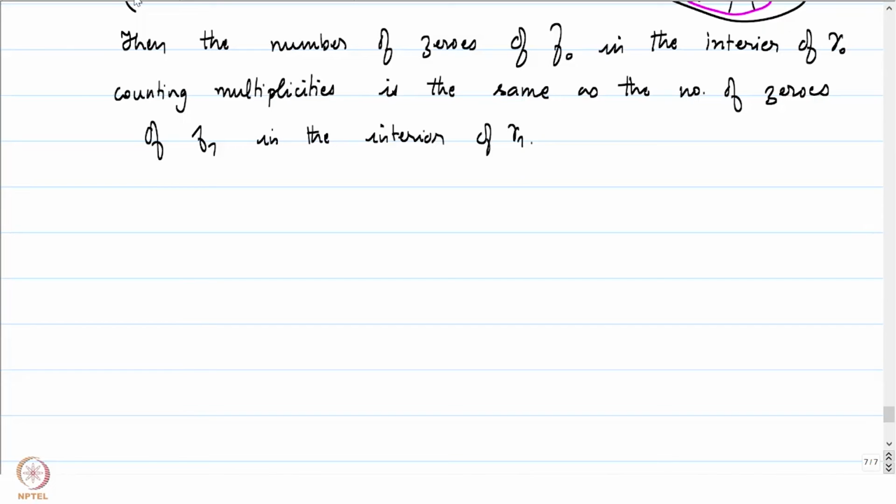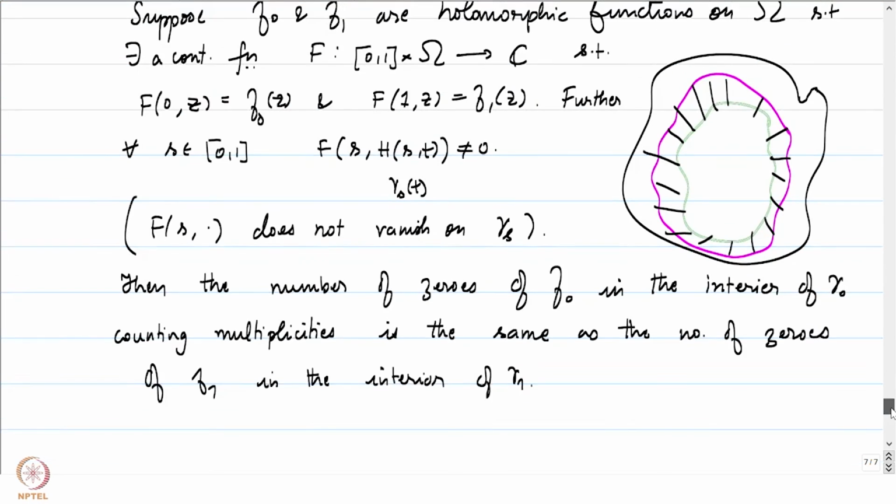The theorem that we just wrote down about stability tells us that the zeros of f0 in the interior of gamma 0 and the zeros of f1 in the interior of gamma 1 are going to be the same counting multiplicity. So, if you perturb our gamma a bit and if you perturb our f a bit, the zeros will not change.